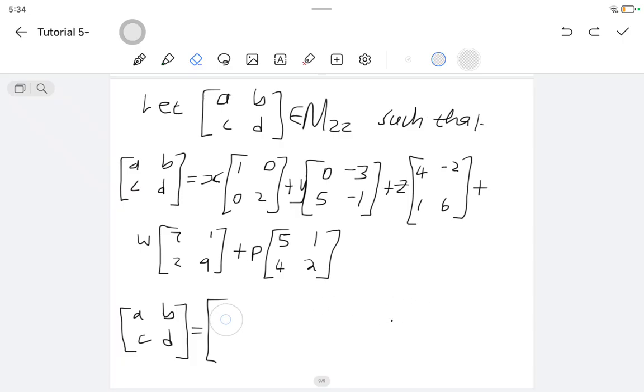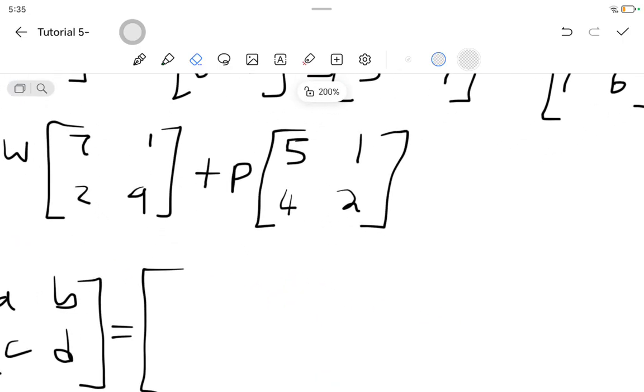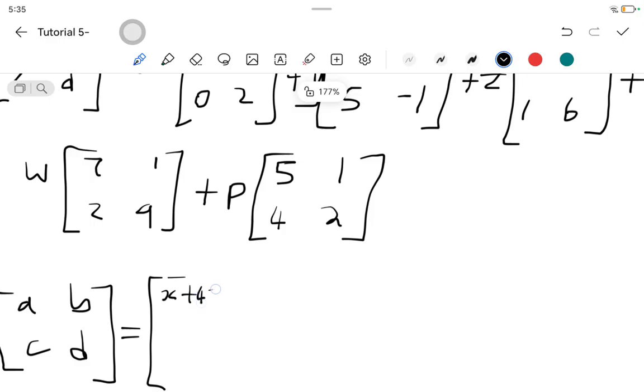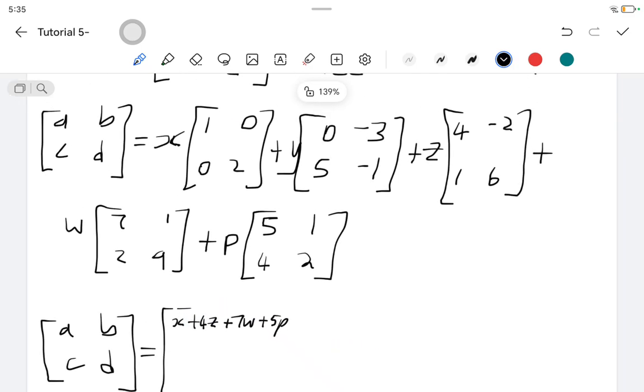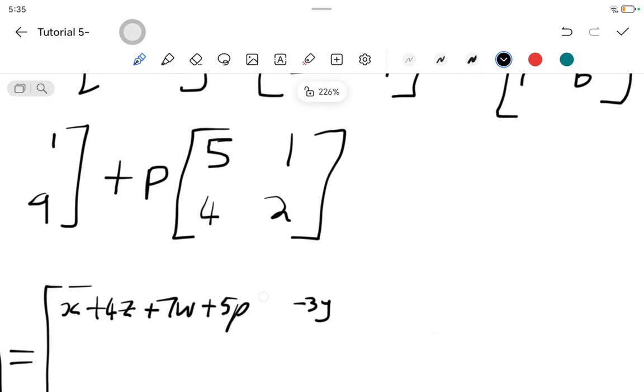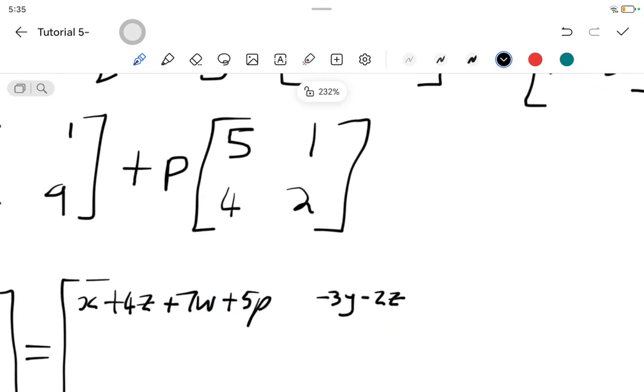This is X plus 4Z plus 7W plus 5P. Then we add the second entry. It does not have x, right? It's 0. It's minus 3y minus 2z, and then W, and then plus P.